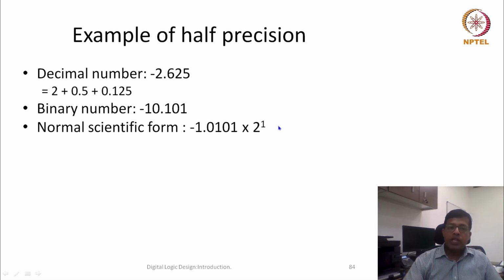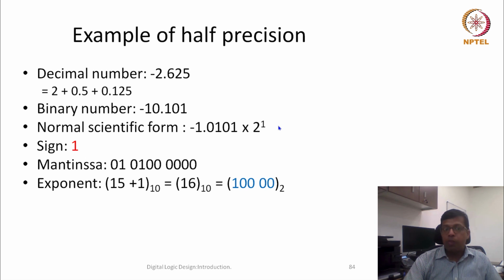So if I want to represent it in half precision, the mantissa would be 10 bits. 10 bits means 4 plus 4 plus 2. So I have divided it like 2 here, and then 4 and then 4. Basically I have started from the reverse so that we can complete the number of bits.